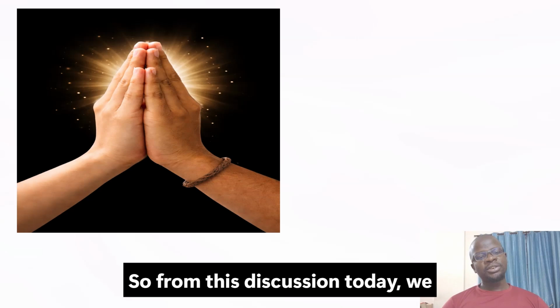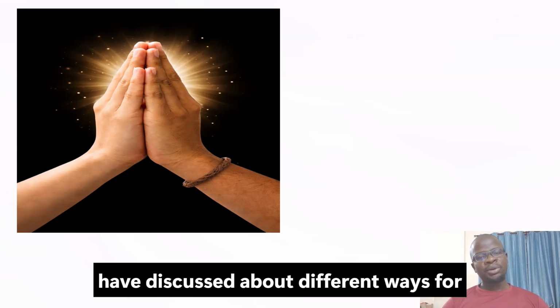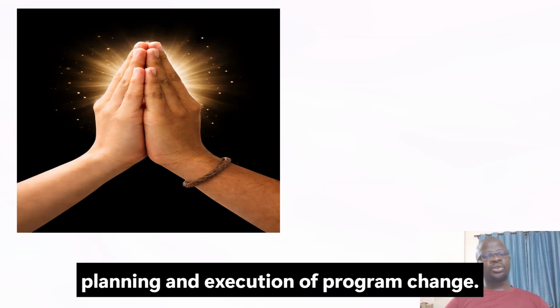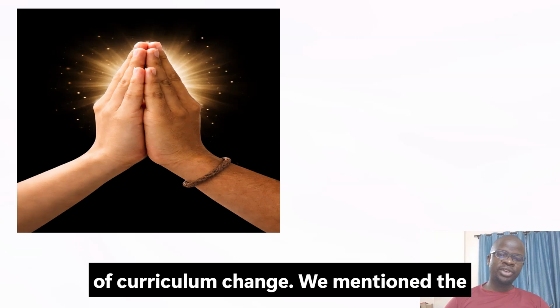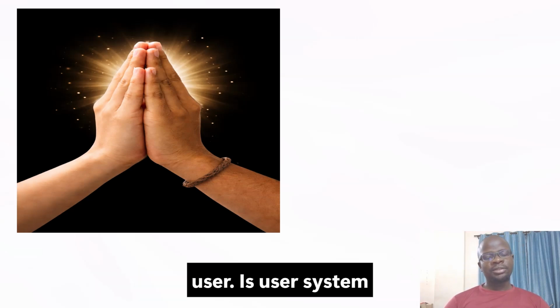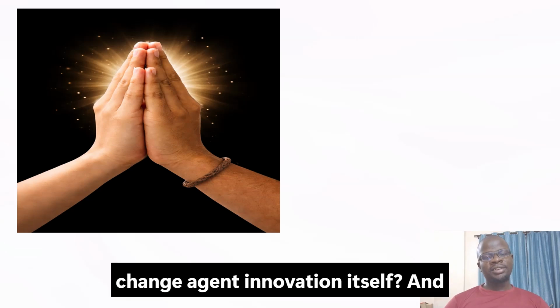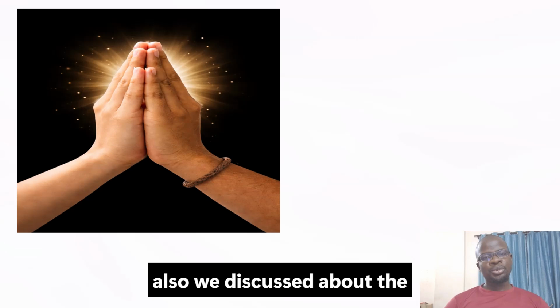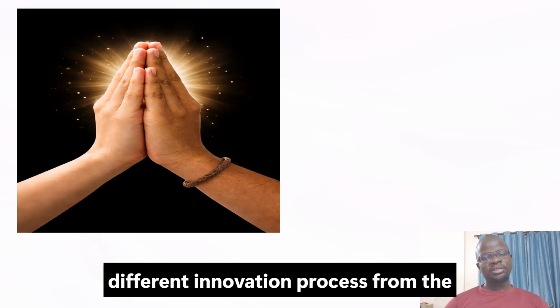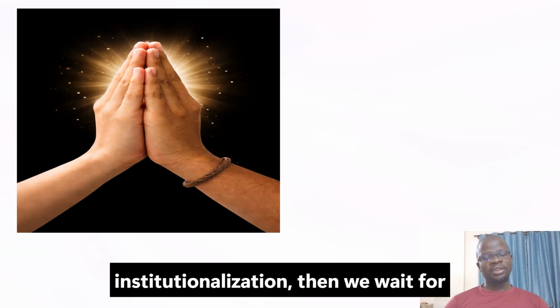So from this discussion today, we have discussed different ways of planning and executing curriculum change. We have analyzed the different elements of curriculum change: the user system, change agent, innovation itself, and also the innovation process from problem identification to institutionalization.